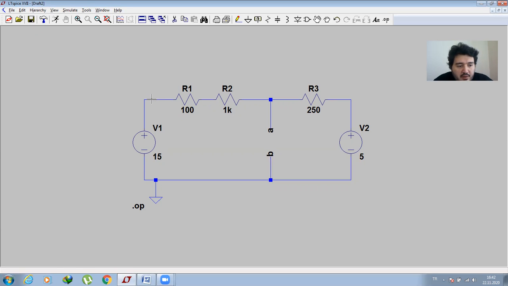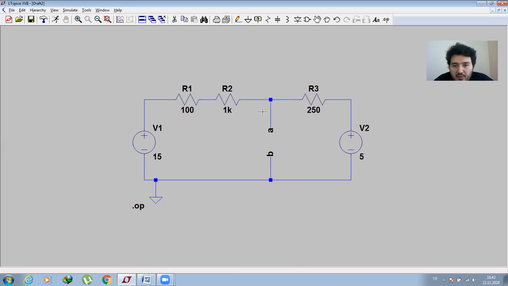I'm coming here, and you can see the node name on the left side. This node name is N001. The other node name is, you can see, node A, so I assigned this name. As you can see, there is another node here. This node is named by default N003.